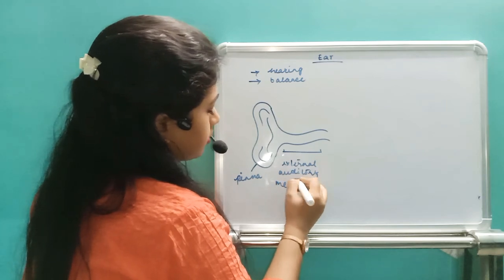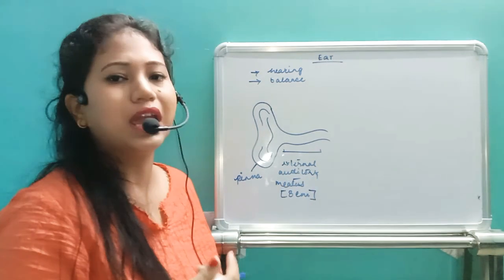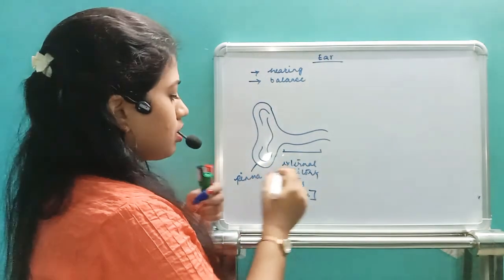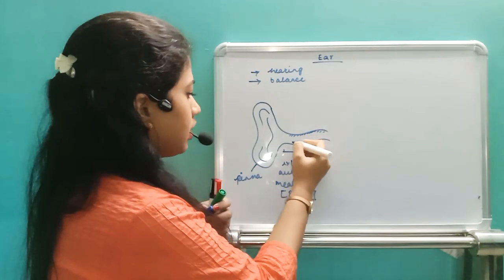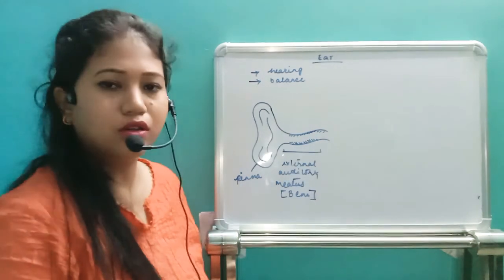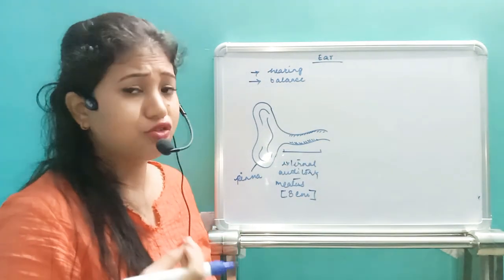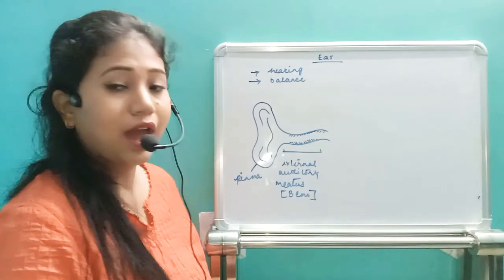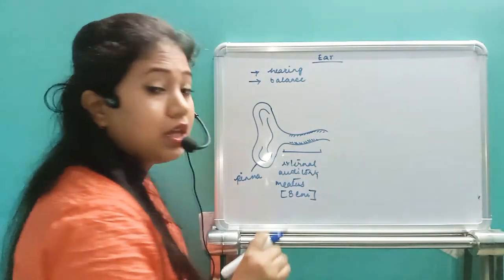This external auditory meatus has a length of around 8 centimeters in an adult human. It is provided with hair so that it can prevent the entry of foreign particles or any organisms, and it can also trap dust particles. Next, it also has a very important gland that produces ear wax.